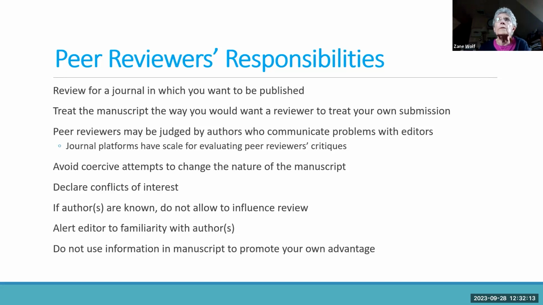And if in fact you know the author, because Caitlyn mentioned that there are sometimes these narrow areas where you happen to know what's going on in that area, you have to be cautious if you continue with it, not to allow that to influence your review. But you need to tell the author that in that little box that the reviewers can put comments in for the editors to know.